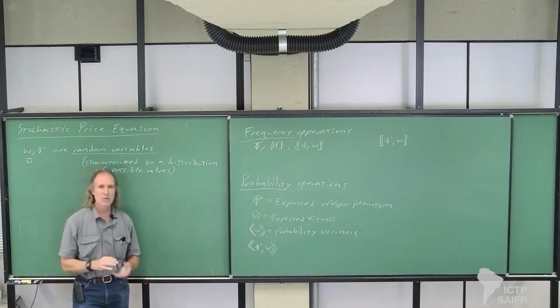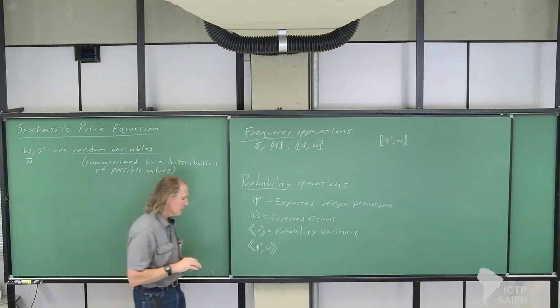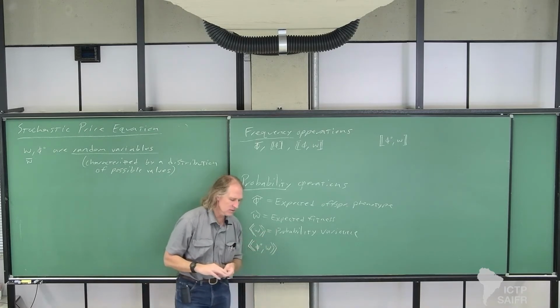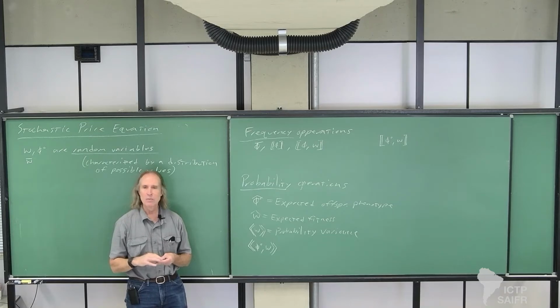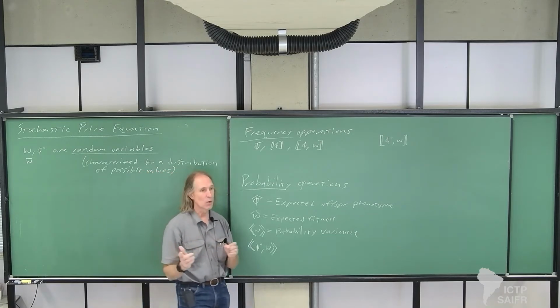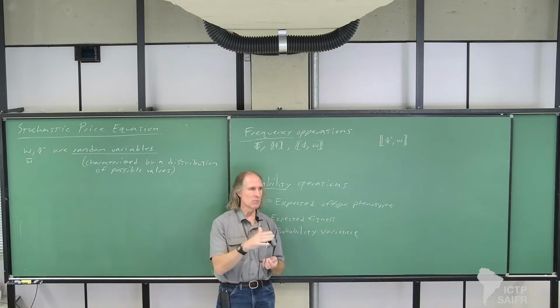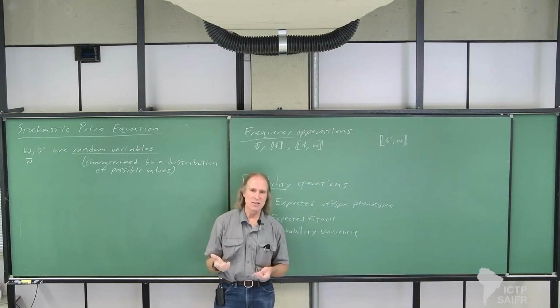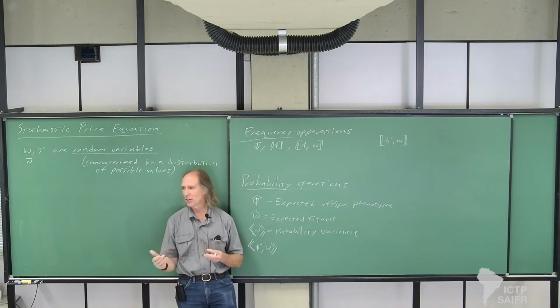Anybody, any of the mathematicians ever study free probability? It's come up fairly recently in the past few decades in probability theory. And it's mainly concerned with non-commutative probability operations, where the expected value of A times B is not the same as the expected value of B times A. But one of the nice things about it is it makes it easy to talk about different kinds of expected values. In traditional probability theory, it's kind of hard to talk about that.